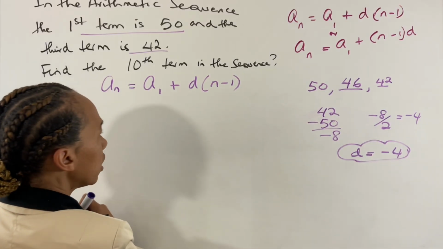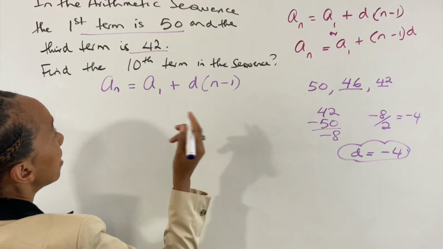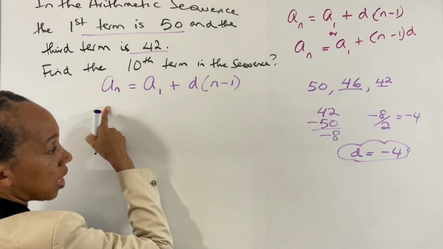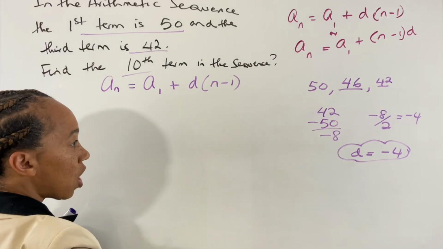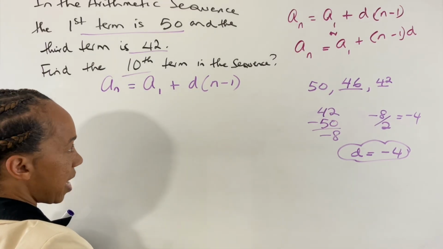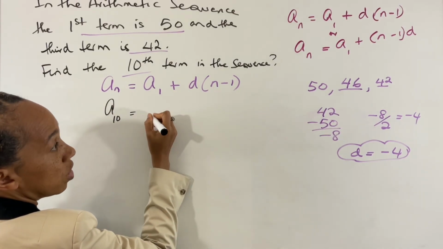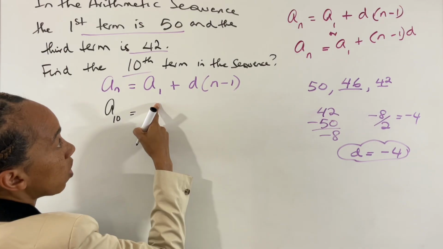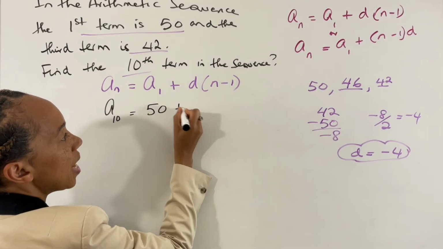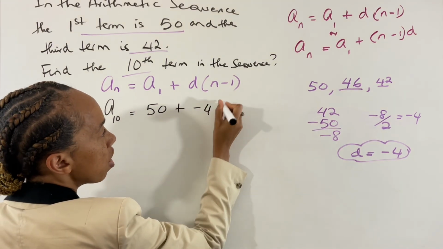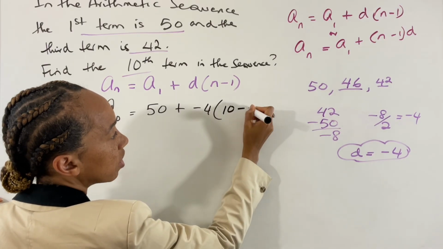Okay? So once we identify our d, in this case negative 4, then you are going to substitute each of those into what we have. So we're looking for the 10th term here. So definitely a sub 10 is equal to the first term, because remember the components, a sub 1, which would be 50, plus negative 4, open parentheses, 10 minus 1.